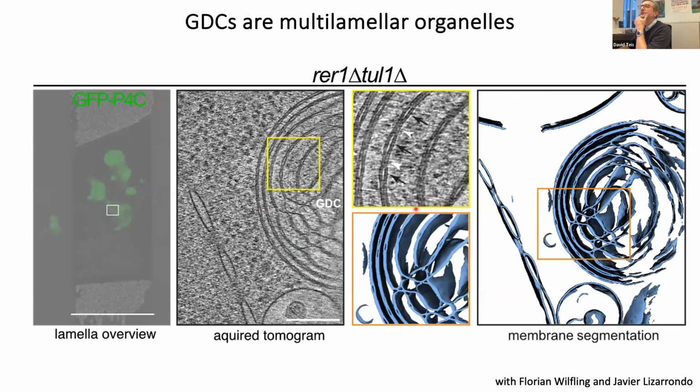And if you look very closely at these structures, you can see double membranes that are in very, very close opposition to each other, sometimes almost touching each other, but apparently not fusing with each other. So what these structures exactly are, we do not understand, but we have decided to call them for now Golgi-derived compartments, or GDCs.